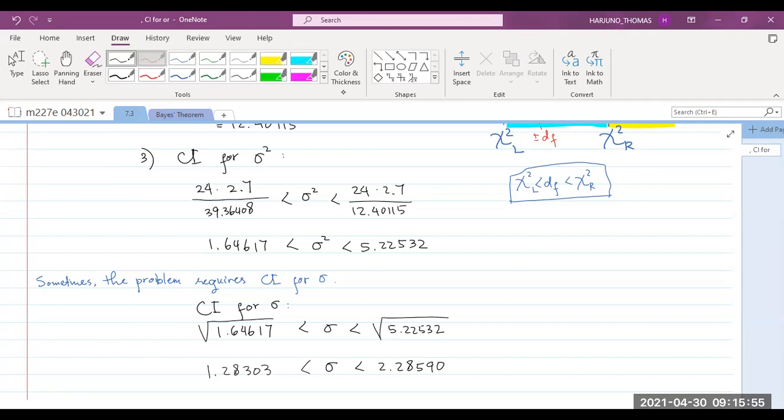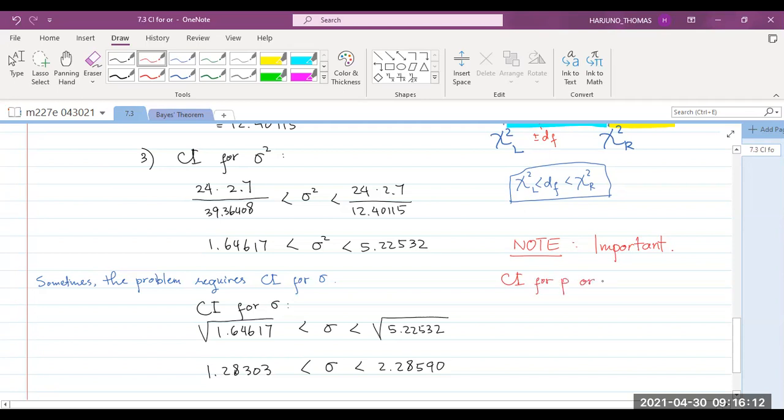Now one other note, and this is a very important note. Confidence interval for p, maybe for p first, requires, so there are requirements that I didn't really emphasize before, that n times p hat times q hat is at least 10.